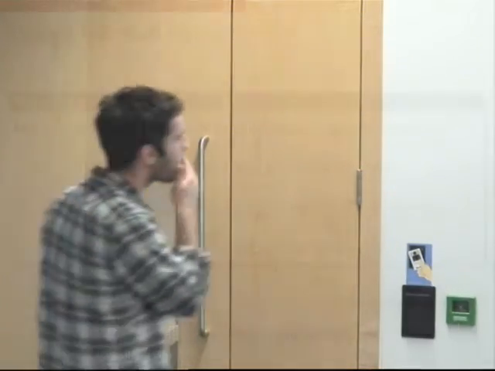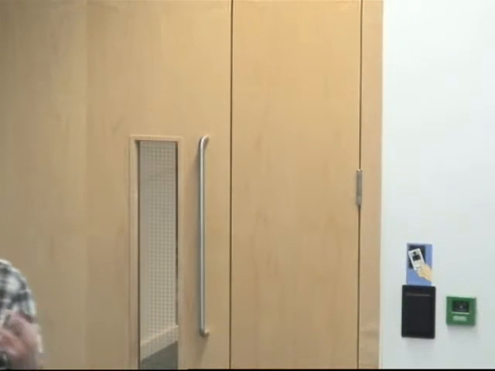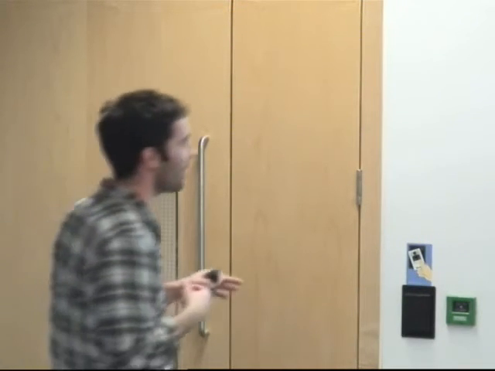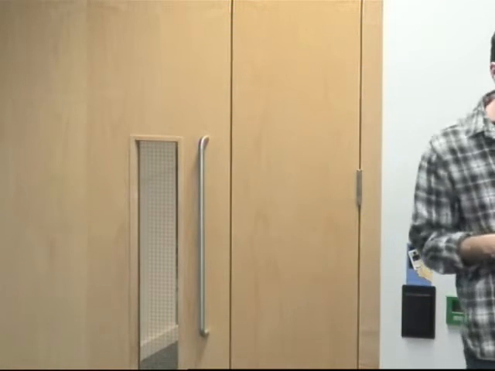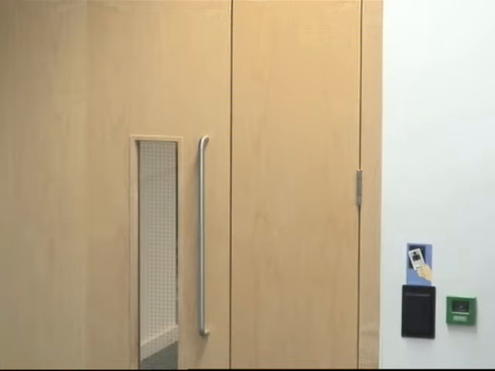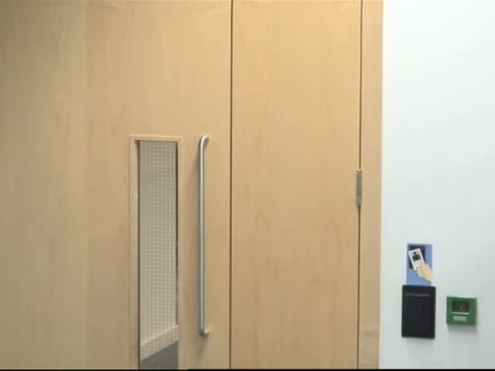Okay? So the first result we get is simply a characterization of the optimal actions given my information set. Okay? Lambda here is the likelihood ratio. S_i is my signal, and this is all the messages I've gotten from my neighbors.